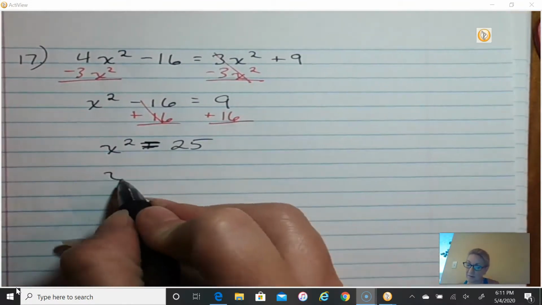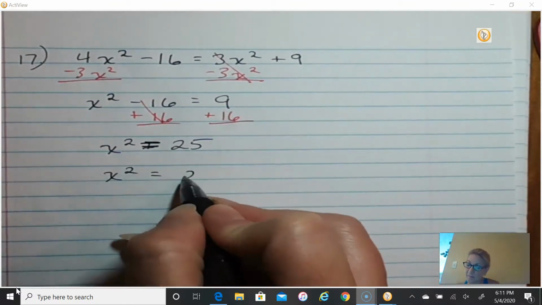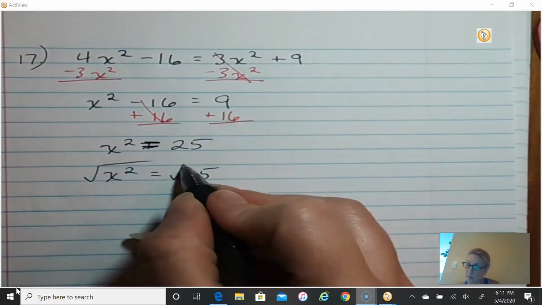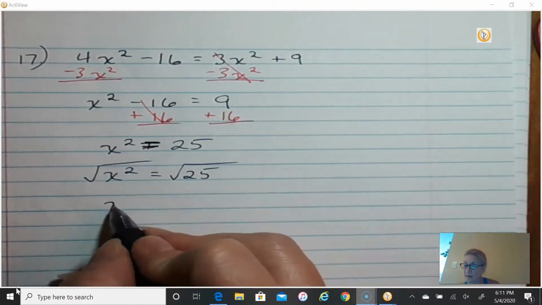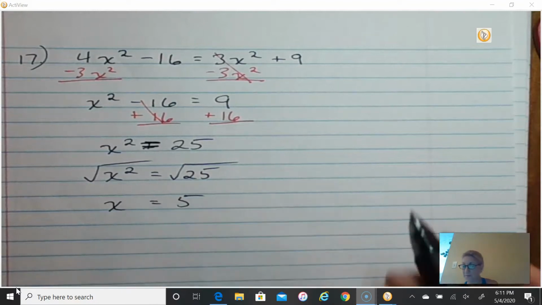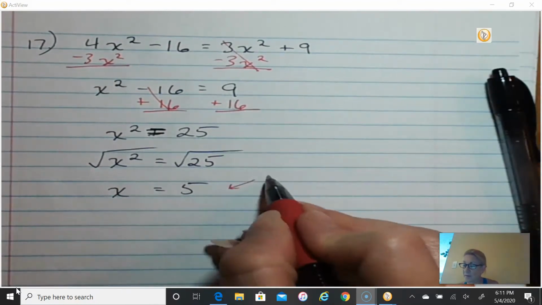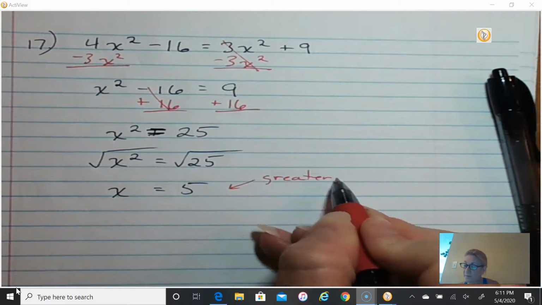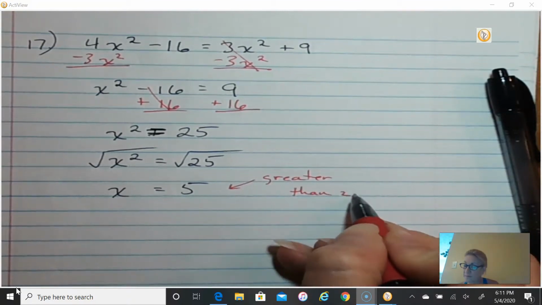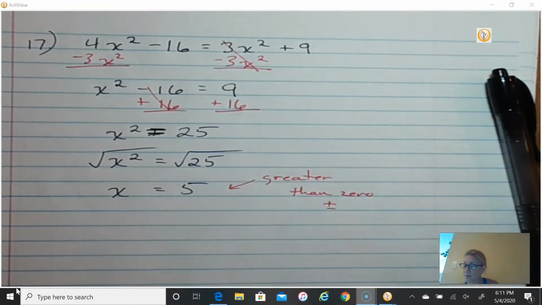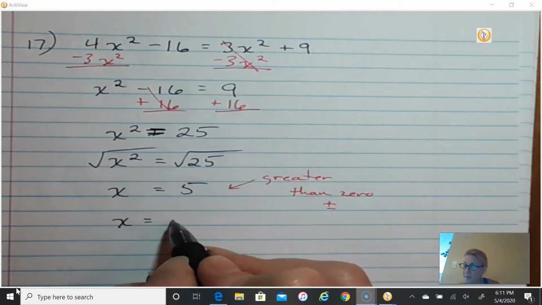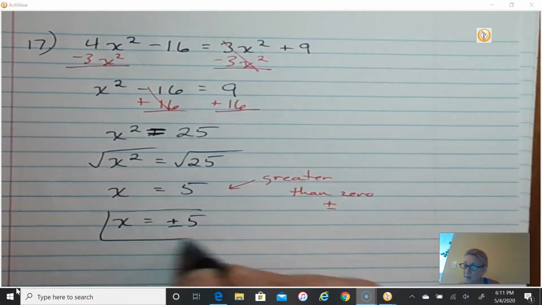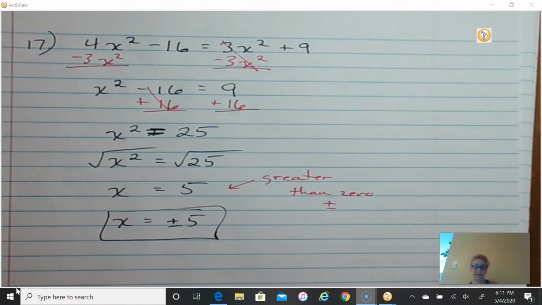All right, so now we need to square both sides, and I get x equals 5. That is greater than 0. Therefore, it's one of those plus and minuses, so x equals plus or minus 5. There you go. That's it.